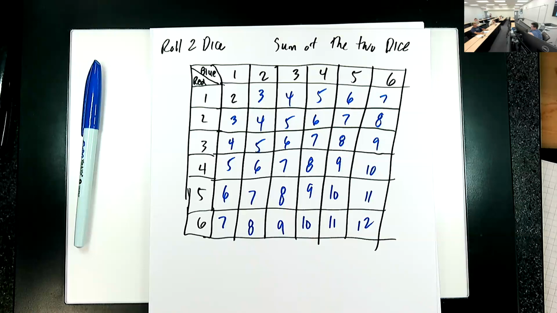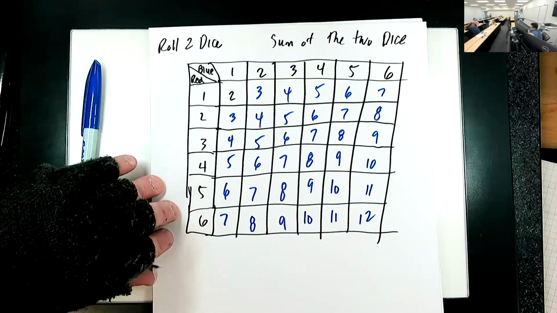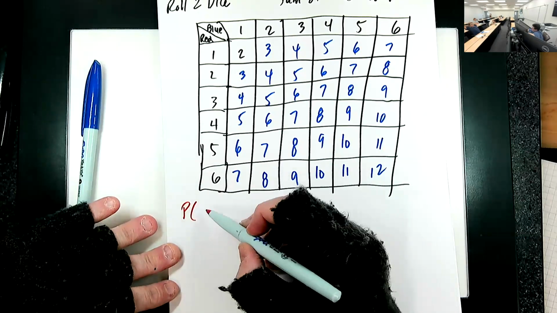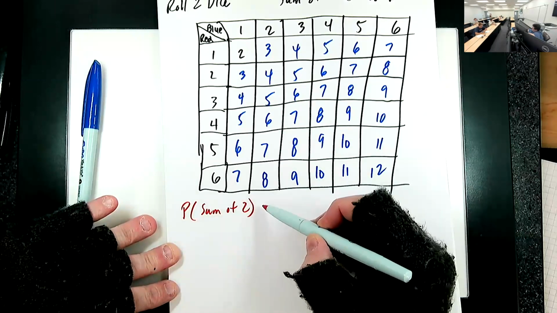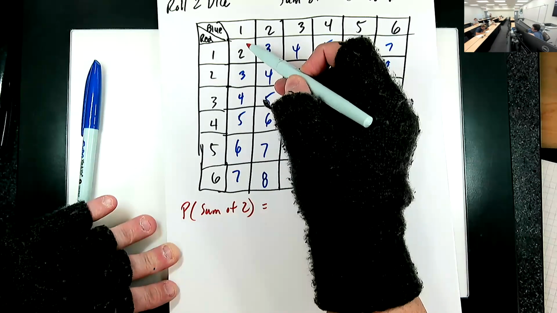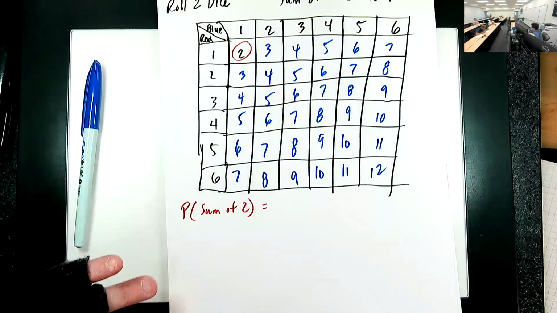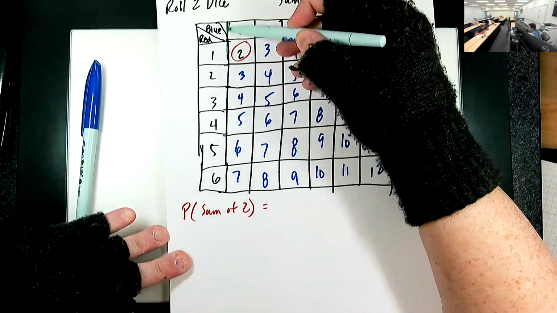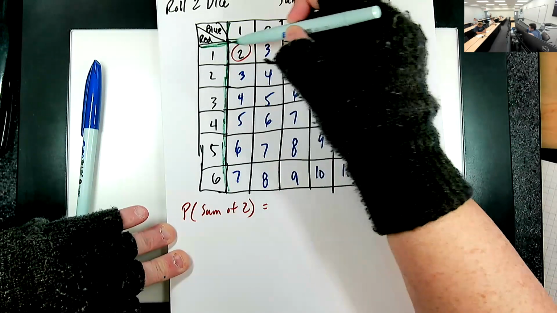Okay, so like the probability of getting a sum of 2. There's only one outcome that has it, that outcome. The top row and the left column, those are the die rolls, so we don't want to include the top row or the first column.